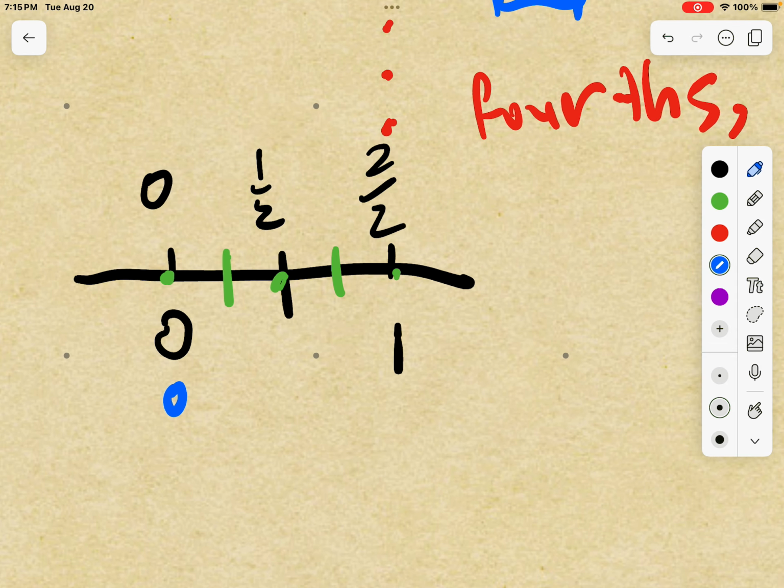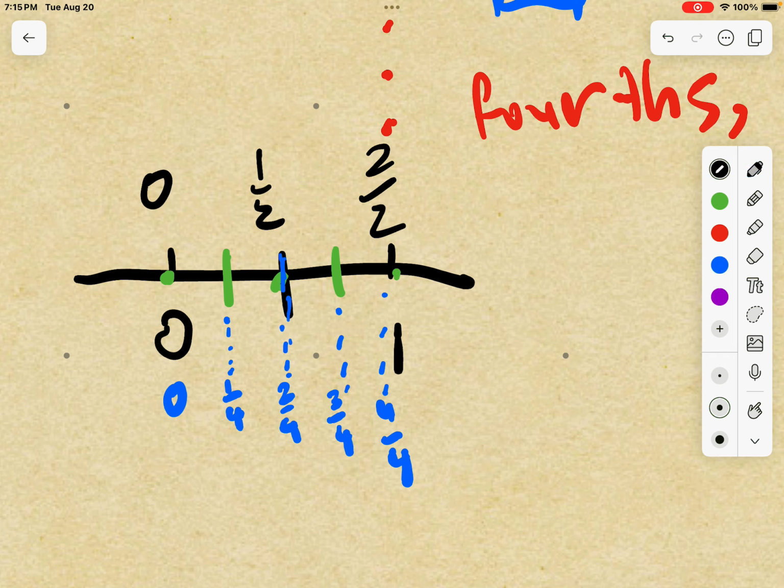So this is 0, 1/4, 2/4, 3/4, and 4/4. And now you notice that 1/2 is at the same position on the number line as 2/4. So therefore 1/2 equals 2/4.